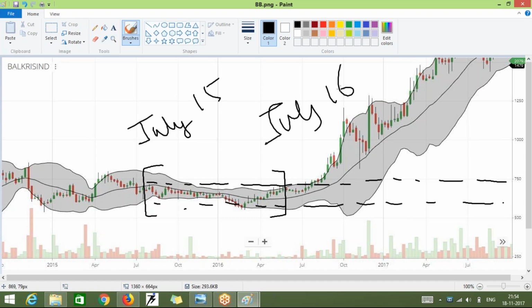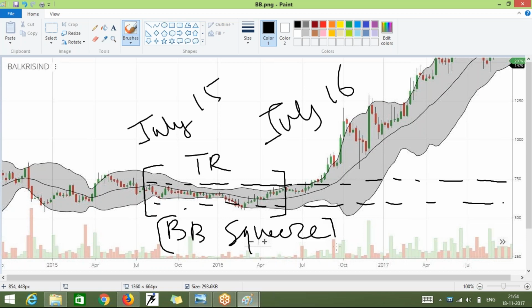What exactly do we call this in trading language? This trading range is said to be a BB squeeze, Bollinger Band squeeze. When you find this BB squeeze, then you can expect a breakout very soon. BB squeeze is something which looks like a funnel.